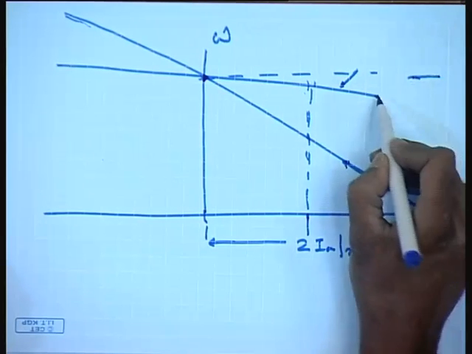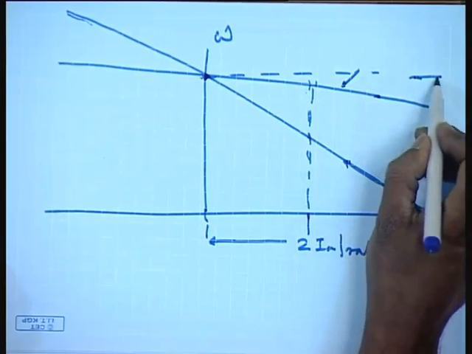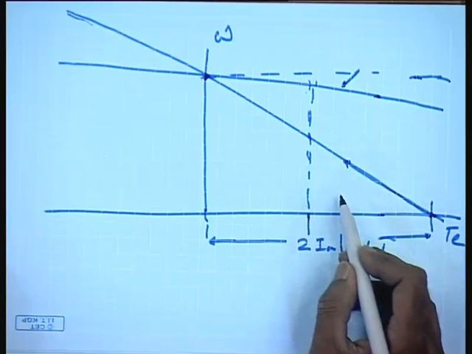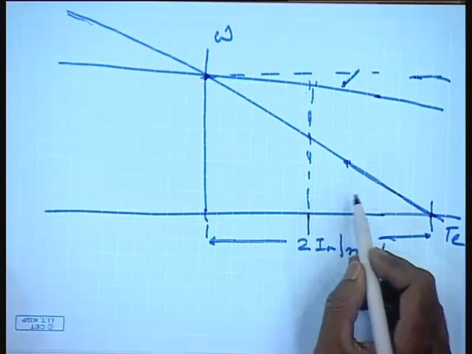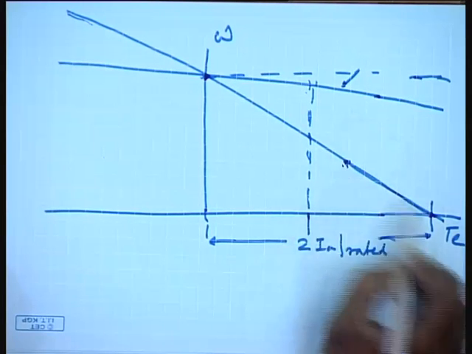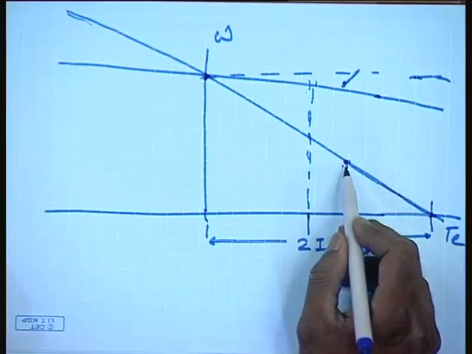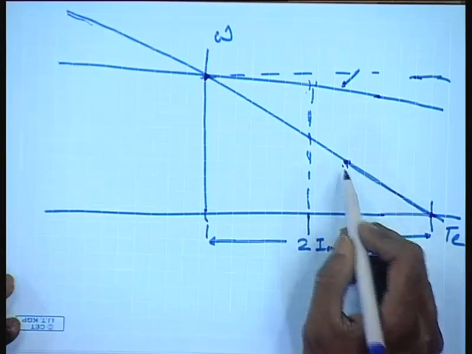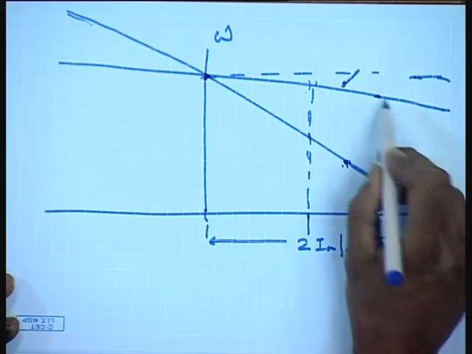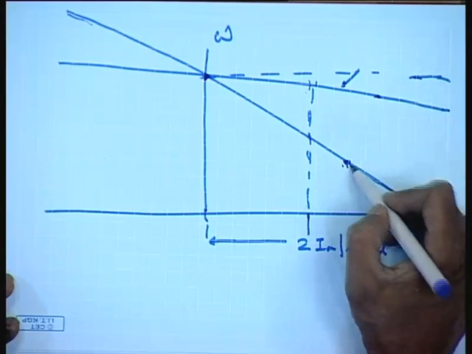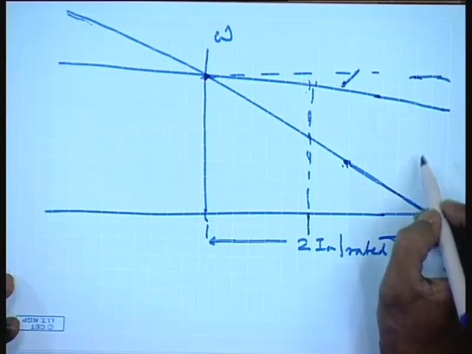So, as the motor speeds up, the current starts reducing. That way, the acceleration of the motor becomes slow. So, for the whole duration of starting, the armature current does not remain fixed.